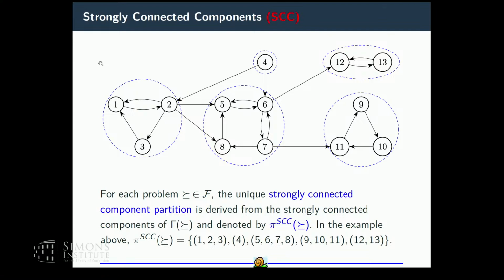Now let me mention that strongly connected components can be computed very easily. There are polynomial time algorithms, for instance, one by Tarjan. Also, the decomposition is unique. There's only one. So I get a unique partition out of this. We call this the SCC partition, the strongly connected components partition.